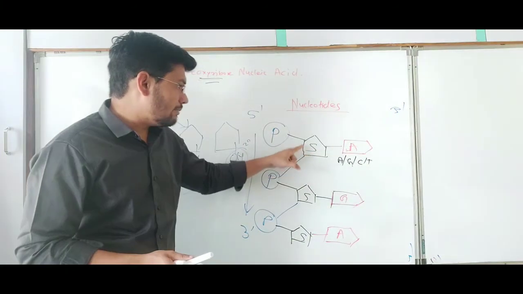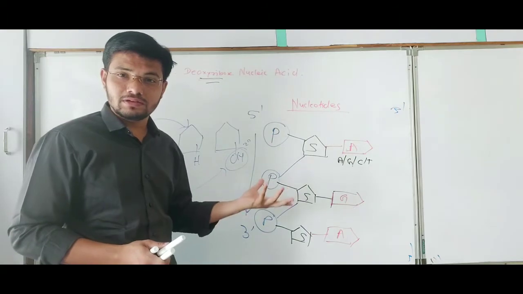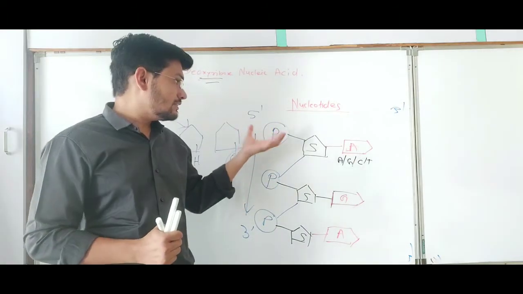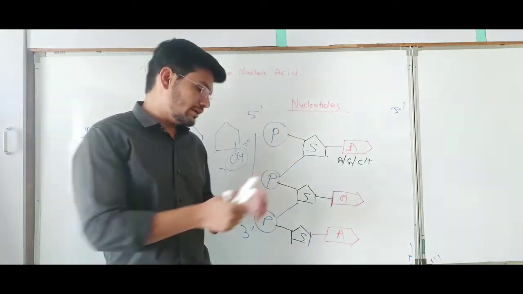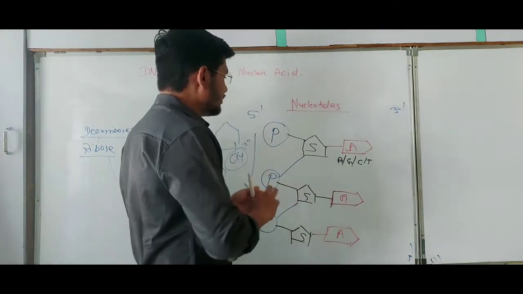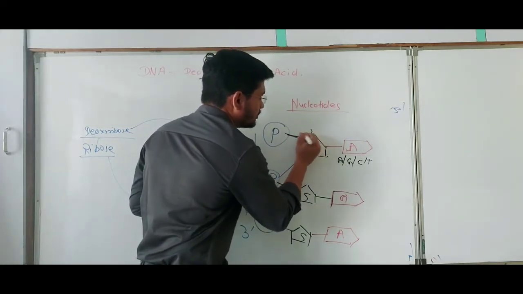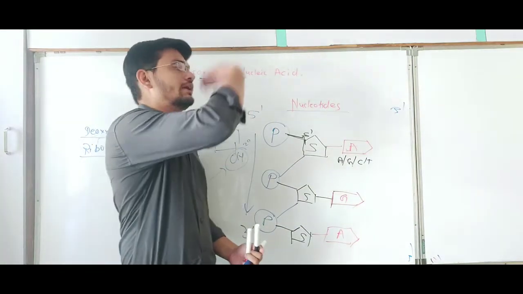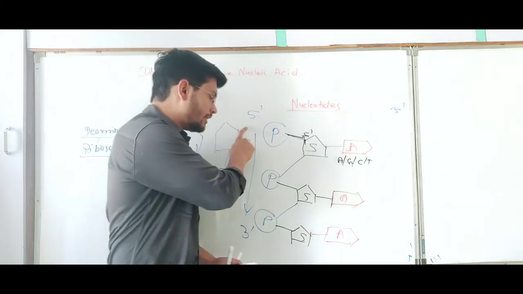On the 5th carbon of this sugar, the phosphate is present, and that is free, not attached to the next nucleotide. So that's why we call it the 5' end, because this phosphate is attached to the 5th carbon of the sugar, and this is the end of the DNA.